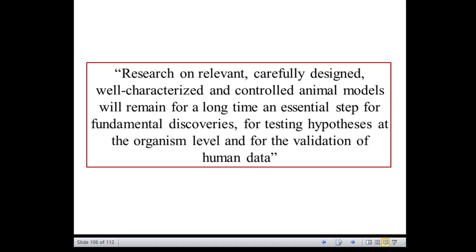So the use of animals for scientific purposes is a long standing practice in biological research as well as medicine. And the remarkable anatomical and physiological similarities between humans and animals, particularly mammals, have prompted researchers to investigate a large range of mechanisms and assess novel therapies in animal models.